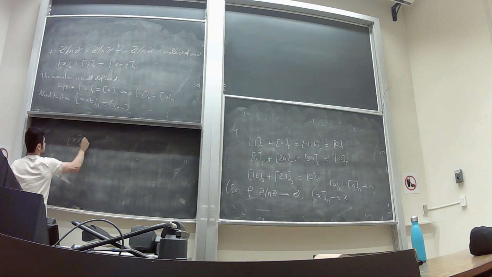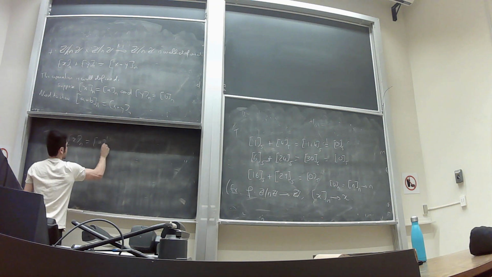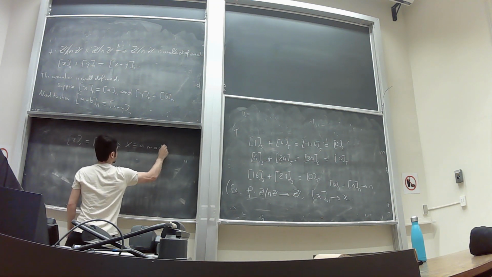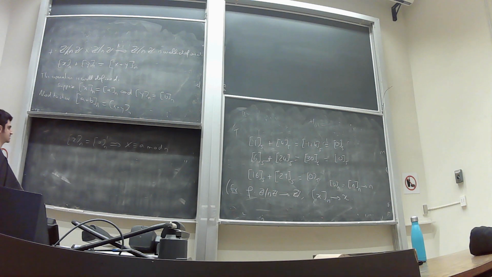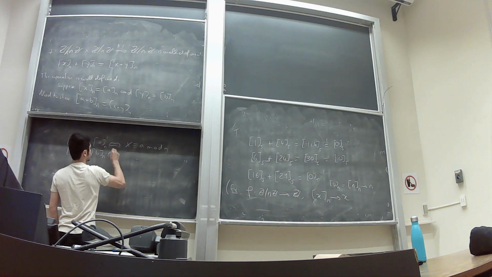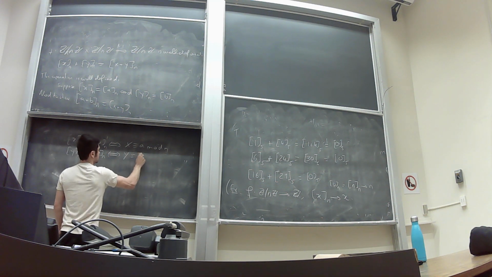The class of x is equal to the class of a implies that x is congruent to a mod n, right? It implies that x minus a is divisible by n. Similarly for y and b.